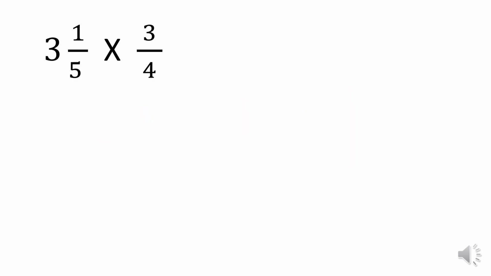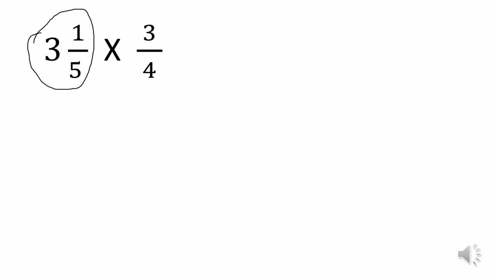Okay, next. Now we have 3 1/5 multiplied by 3/4. Now, before we multiply, we must convert this mixed number to an improper fraction. And again, if you missed that tutorial, be sure to look at it.